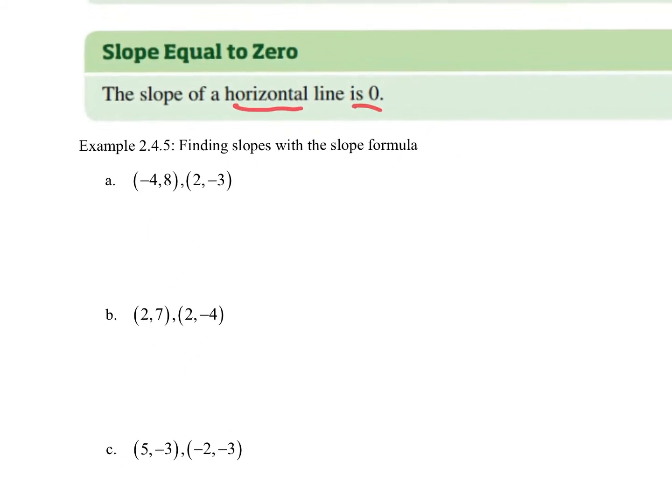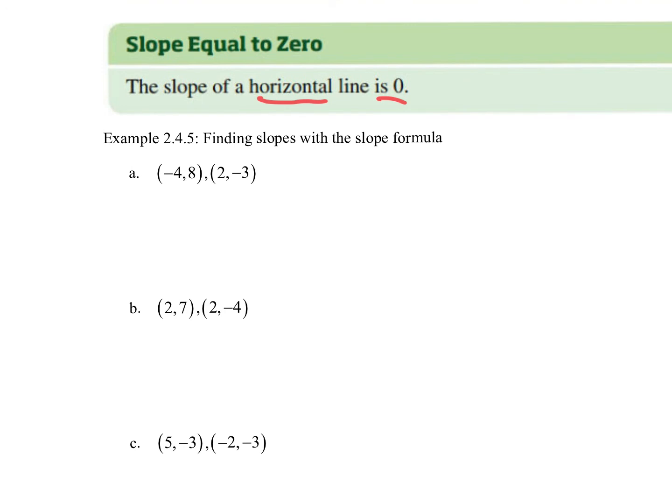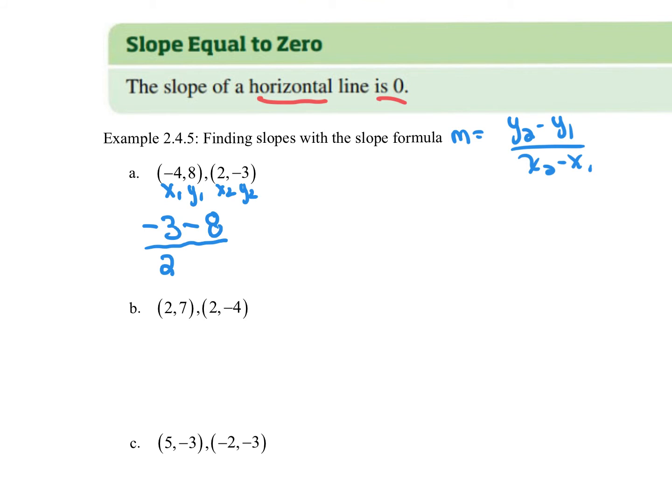As corny as this might sound, I actually go in and label all of my points so I don't mess anything up. So x1, y1, x2, y2. And the formula is m equals y2 minus y1 over x2 minus x1. So I have negative 3 minus 8 over 2 minus negative 4.